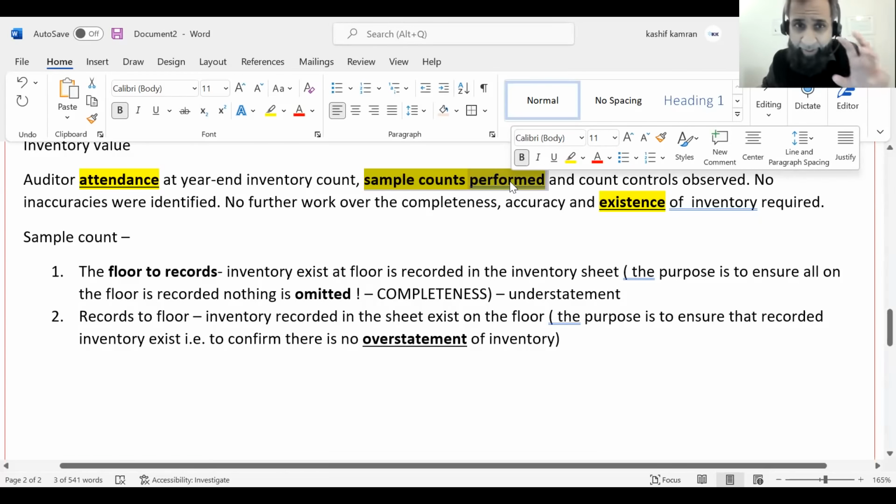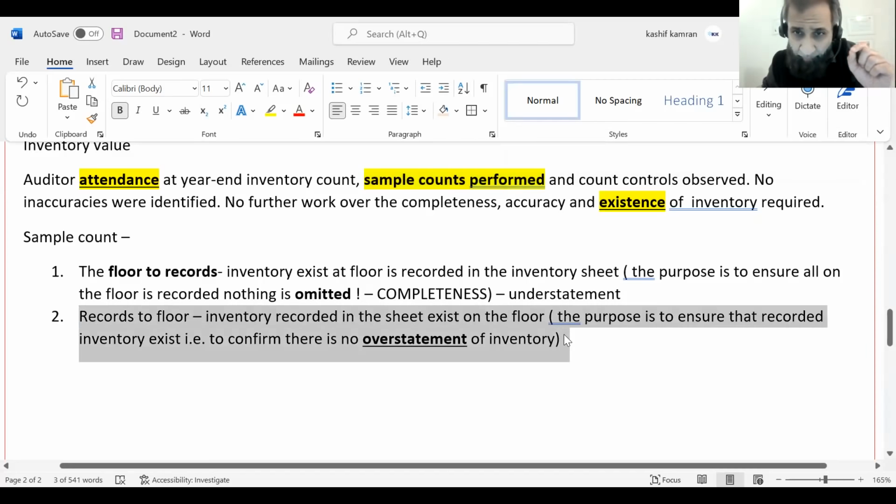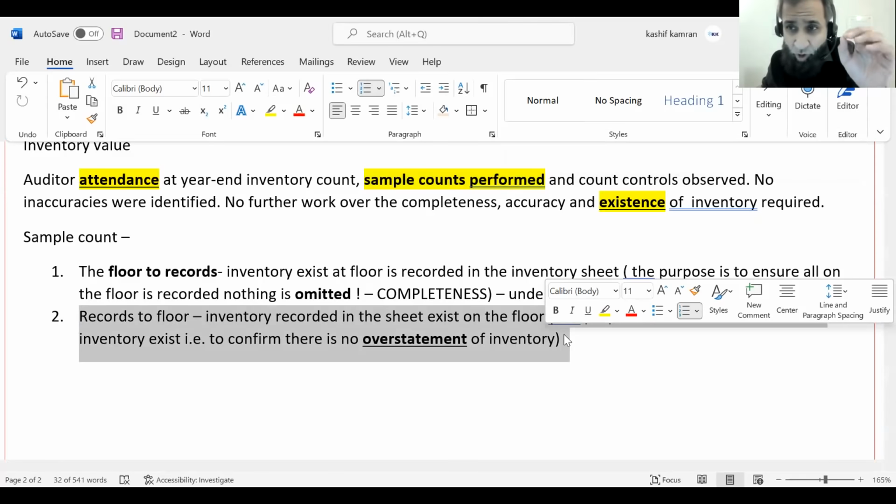I believe, looking at the statement, because the auditor was at the warehouse, what the auditor must have done is the records to floor, because when you are at the warehouse, you have the sheet. The most common test you do at the warehouse is the records to floor. You confirm the existence.